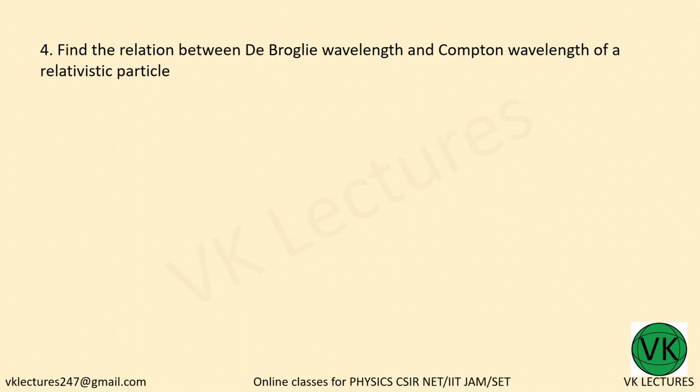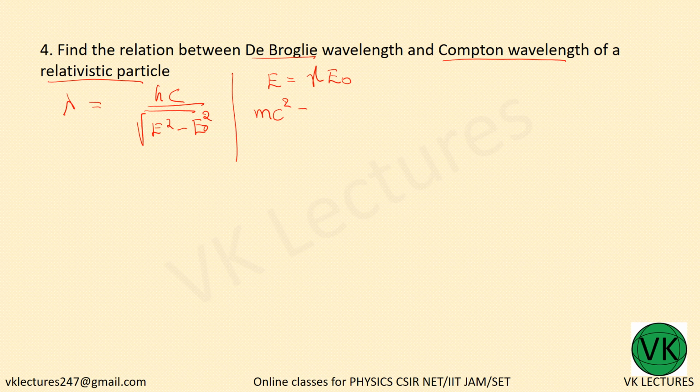Find the relation between de Broglie wavelength and Compton wavelength of a relativistic particle. The relativistic particle wavelength is given by lambda is equal to hc divided by under root E square minus E naught square. But what we know is E is equal to gamma times E naught, where E is equal to mc square, and that is equal to gamma times m naught c square.